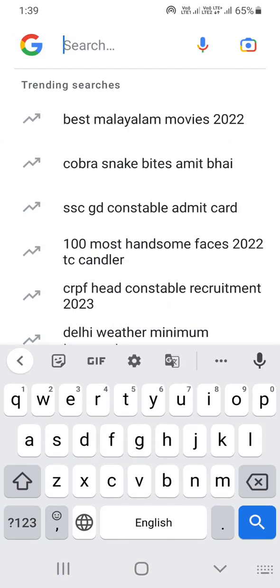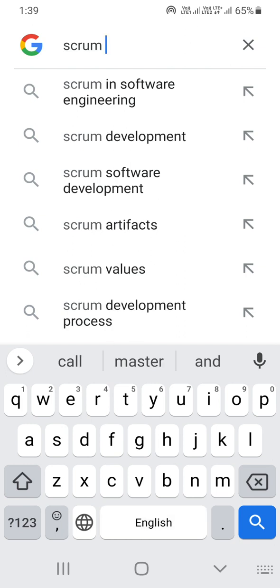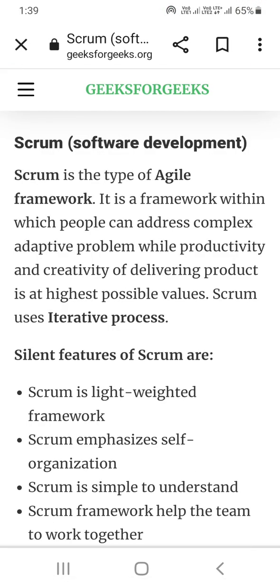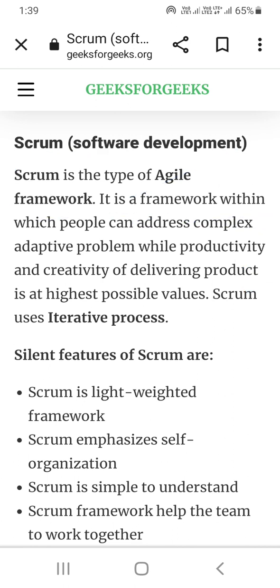Now we are going to know about Scrum. Scrum is a type of agile software development. It is a framework within which people address complex problems while productively and creatively delivering products of the highest possible value.